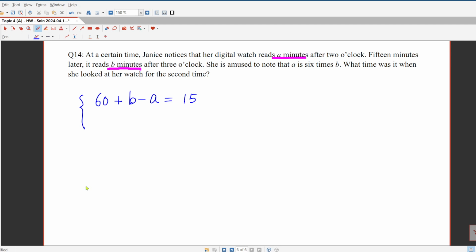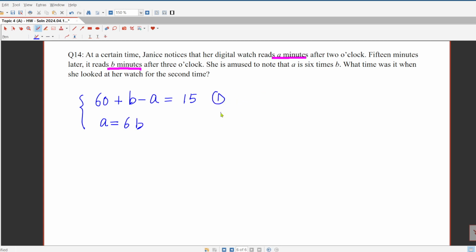You get it? Because after 3 o'clock, it's actually 60 minutes past 2 o'clock, right? 60 minutes plus B minutes, then minus A minutes after 2 o'clock gives you 15 minutes later, right? This is according to the given information. And of course, there's another relationship. A is 6 times B, right?